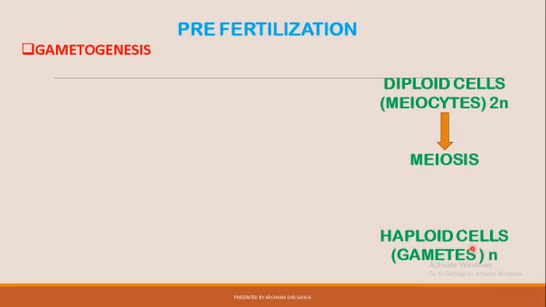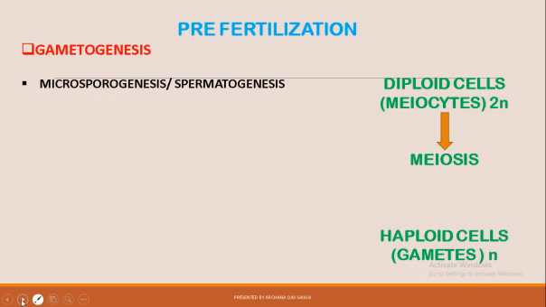Because they have undergone meiosis, and as we are all familiar, meiosis is a type of division which reduces the chromosome number to half. So these new haploid cells will be called gametes. It is these gametes, formed inside the body of sexually reproducing organisms, that will undergo fusion. That process of formation is known as gametogenesis.